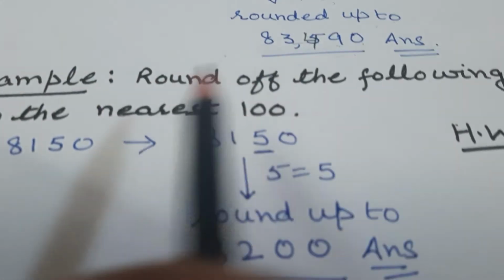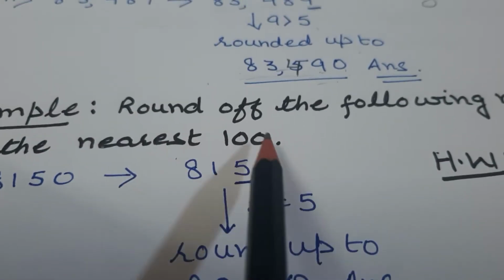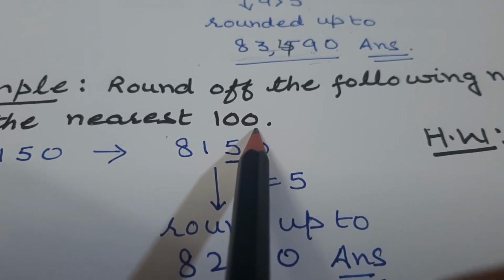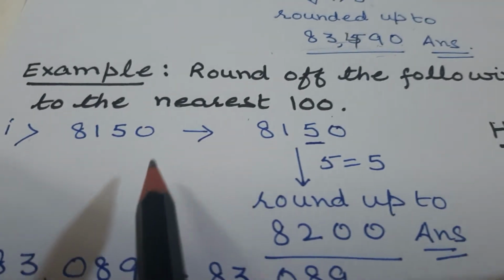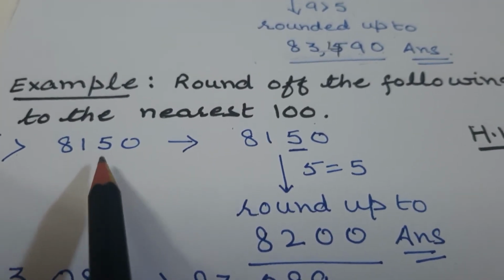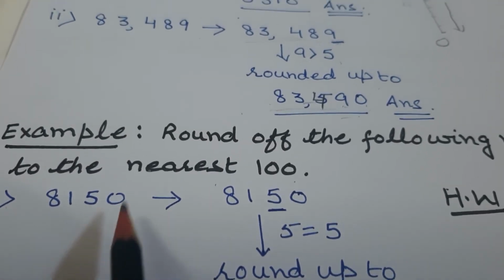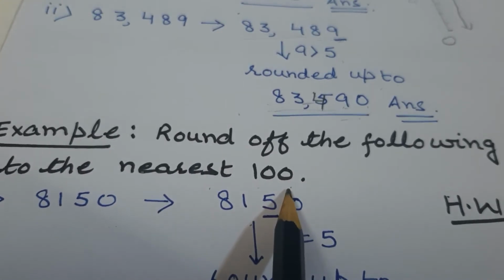So next we will round off the number nearest to 100. So similarly, we are taking here one example, 8150. So once again we will write the value. Now nearest to 100.